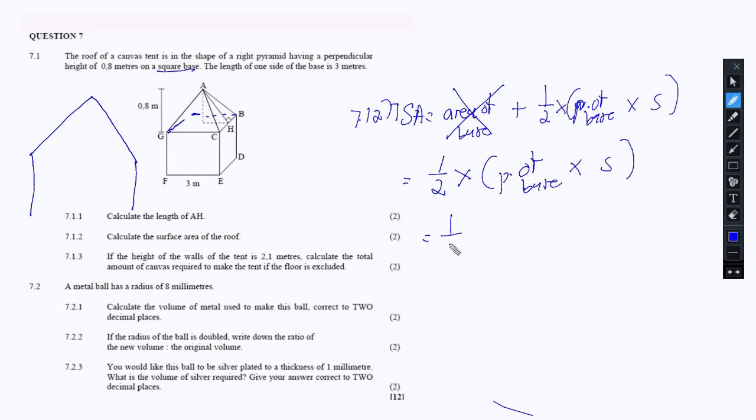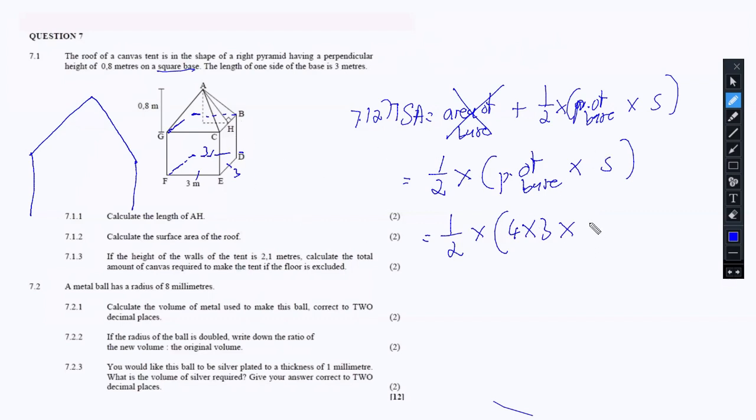So this will become 1 over 2 multiplied by the perimeter of the base. Remember, this lies on a square base. So if it lies on a square base, what would be the perimeter of that base? Remember, all these lengths are 3, 3, 3. So I would have to say 4 multiplied by 3. But then what is my slant height?